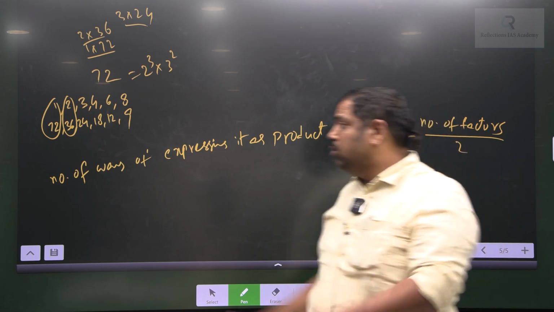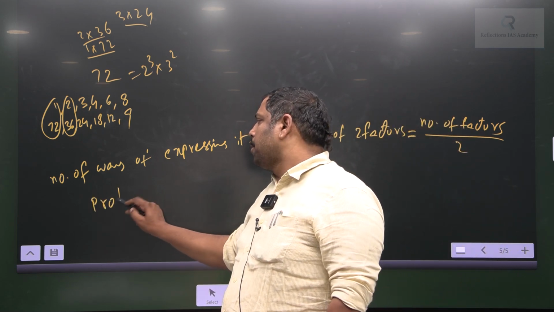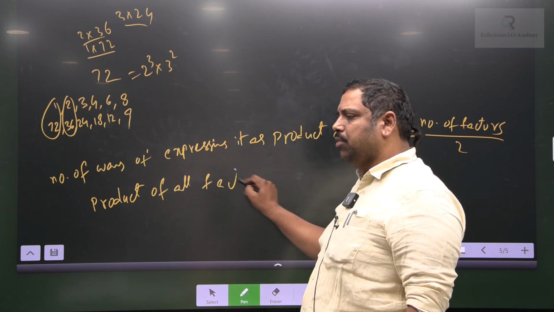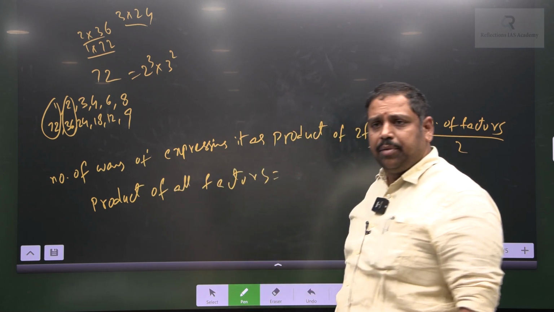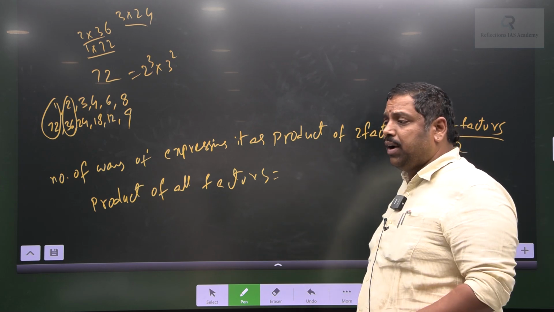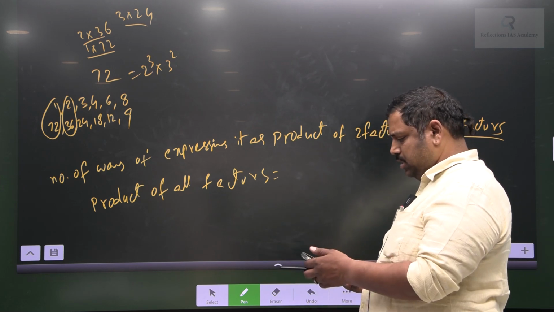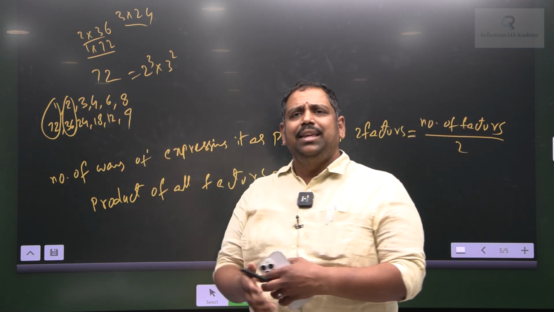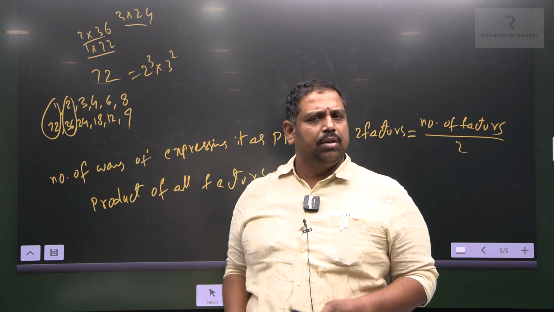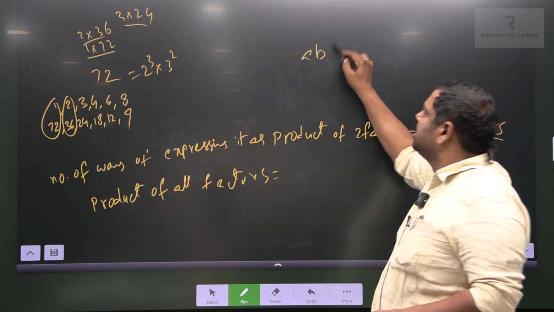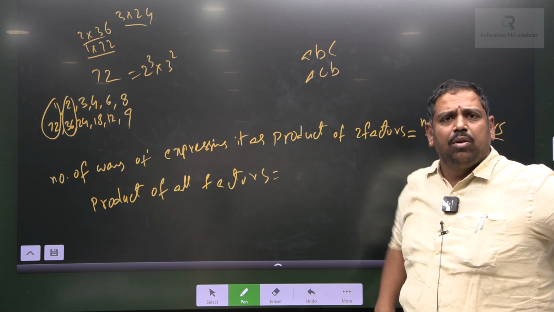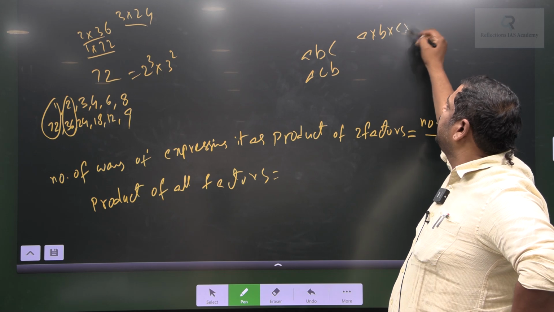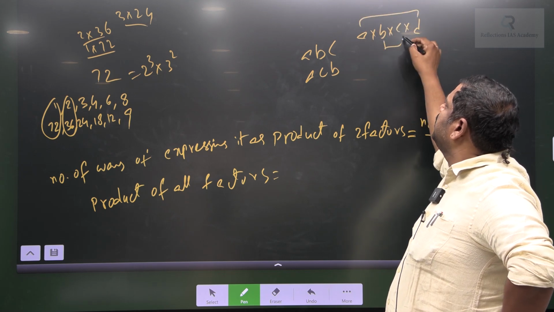Okay. The last one you have to learn is the product of all factors. If you want the product of all factors, it is simple, observe here. You want to multiply all these numbers, right or wrong? A into B into C is one calculation he gave me. Can I write it as A into C into B also? Will it give any problem? Suppose A into B into C into D he gave. I will multiply these two and then these two, and then the product.